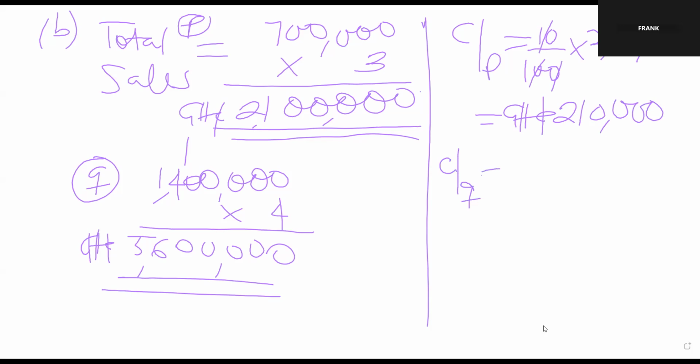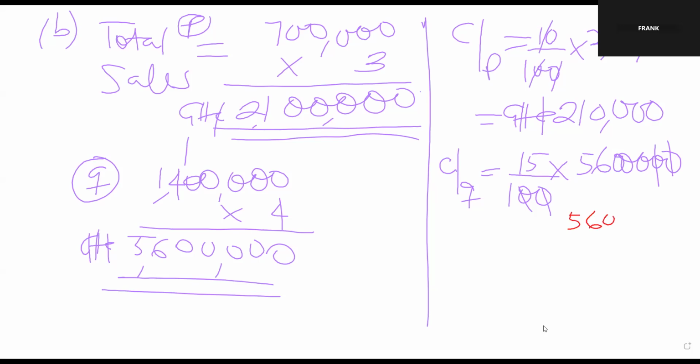The commission on type Q houses is 15%. 15 over 100 times 5,600,000. So you now have 56,000 times 15. Please do the multiplication to show evidence.